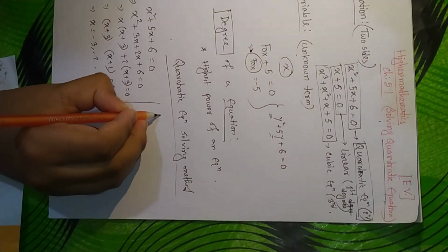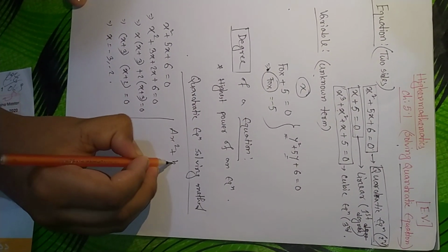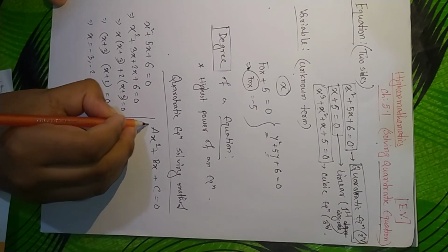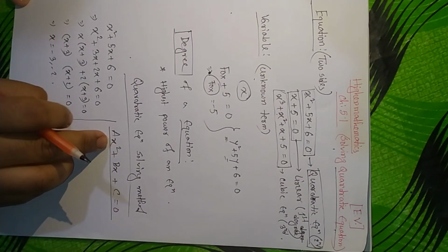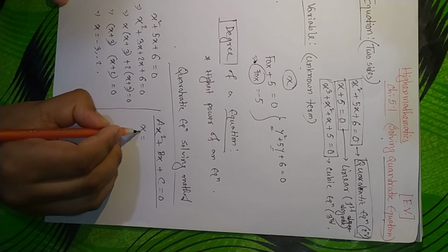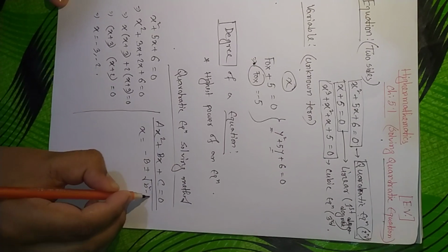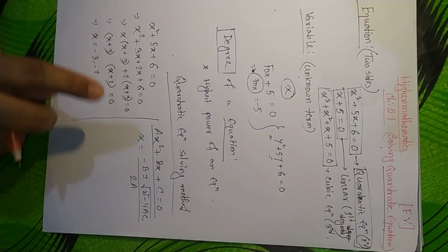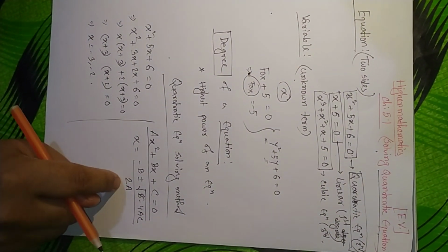Suppose ax square plus bx plus c equals 0 is an equation. To find the solution of the equation, we can use a formula, that is, x equals minus b plus minus root over b square minus 4ac, divided by 2a. x equals minus b plus minus root over b square minus 4ac by 2a.